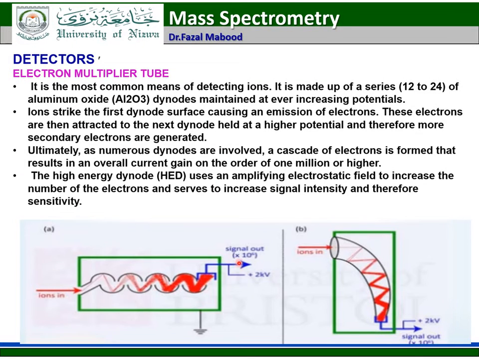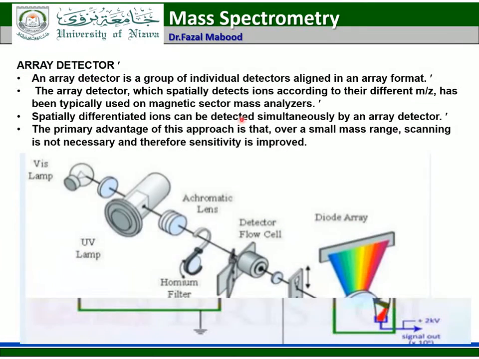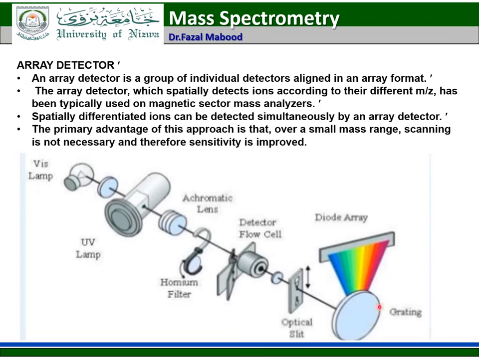Array detector. Here you see it consists of many photomultiplier tubes, so there are many dynodes, and we can take the whole spectrum of the sample. The array detector is a group of individual detectors aligned in an array format.